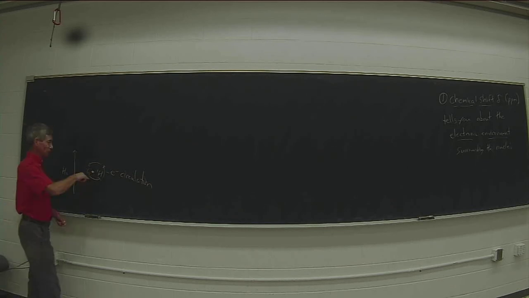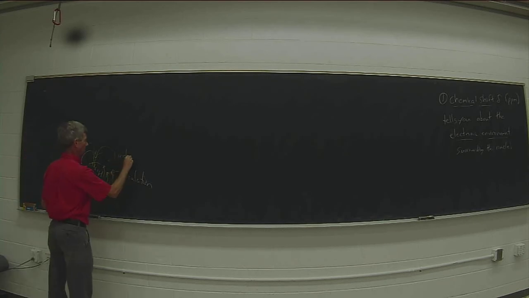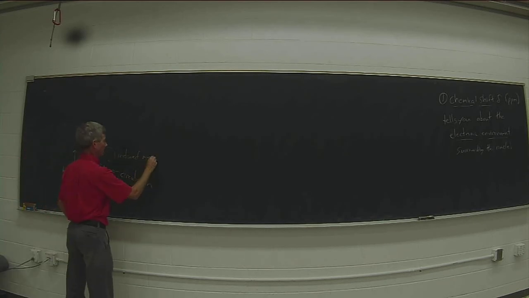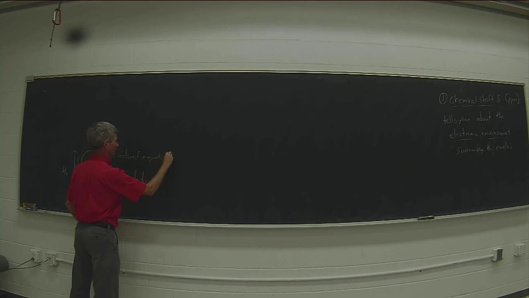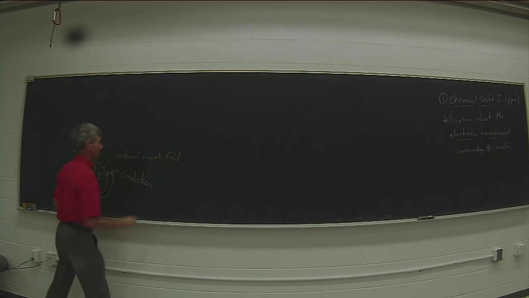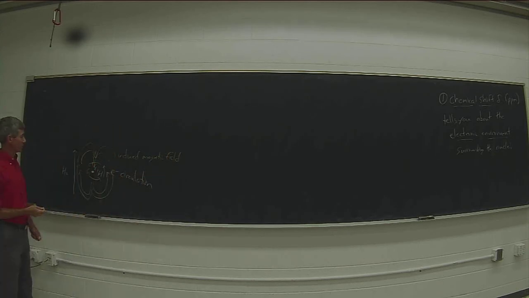And that electron circulation is going to create a current, which will in turn create its own magnetic field, because moving current always creates its own magnetic field.